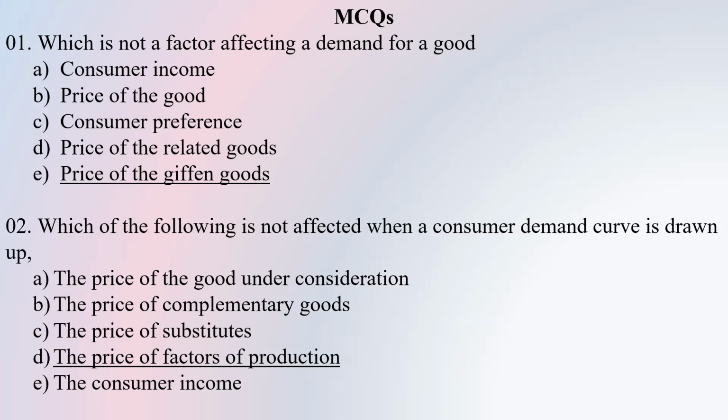So when we consider the first one: which is not a factor affecting demand for a good? Which one is the factor that does not impact demand? You can see the answer already marked here.